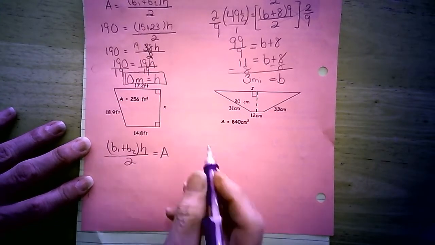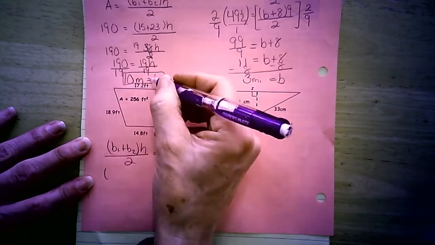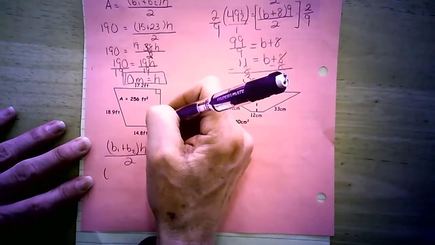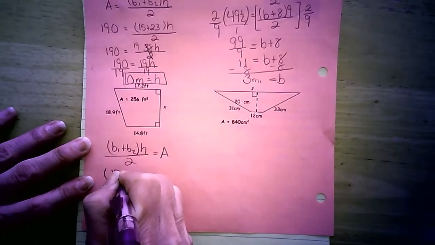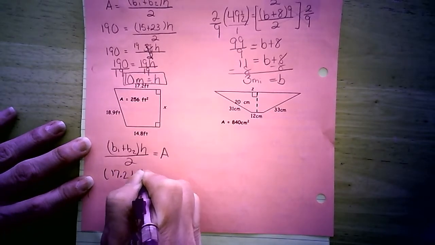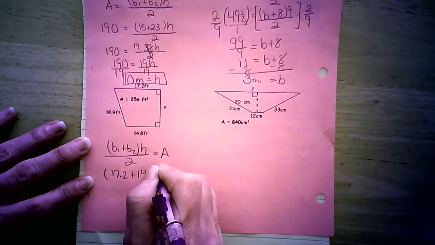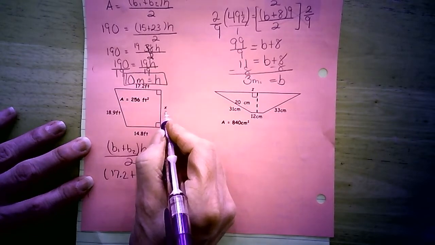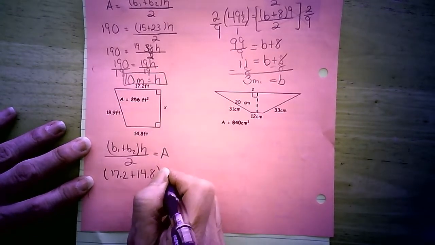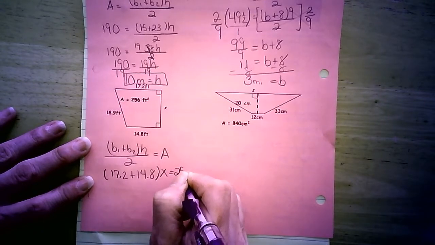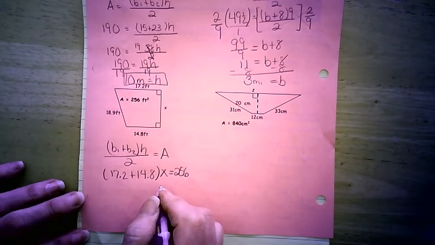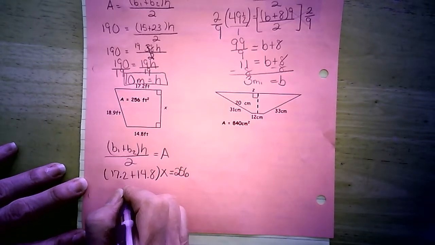My 2 bases are the parallel sides that form a 90-degree angle with the height. So I have 17.2 plus 14.8. I don't know my height. My height is x, but I do know the area of 256. When I add these together, I get a friendly 32.